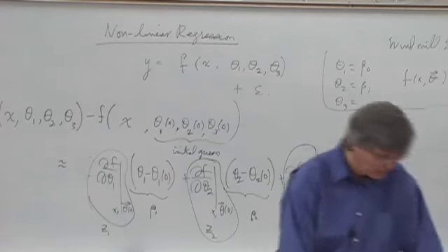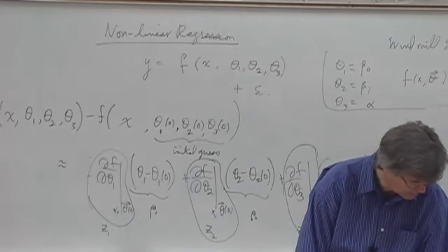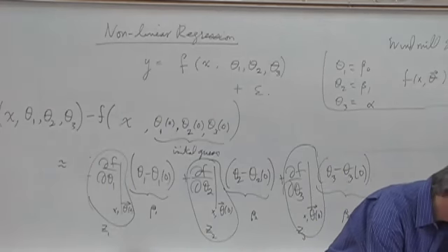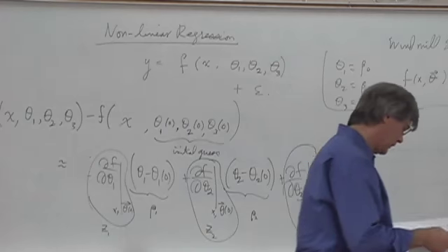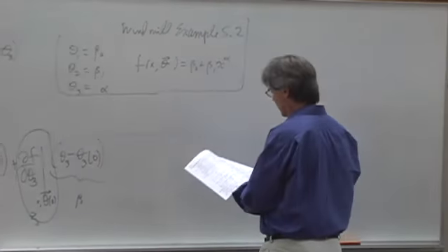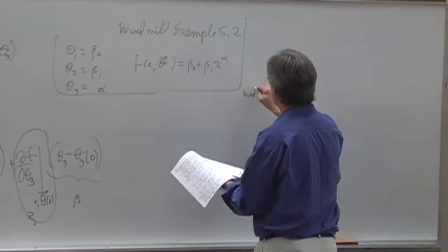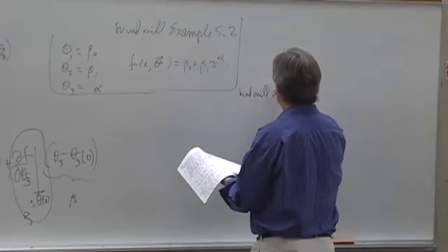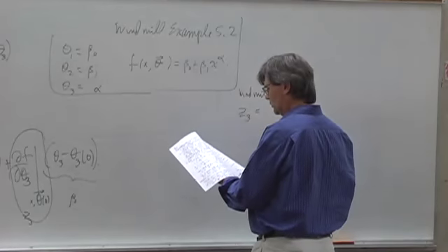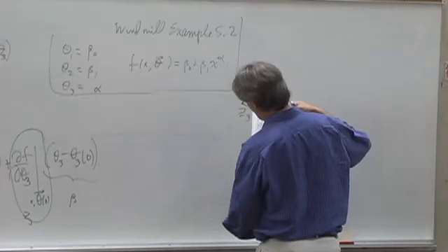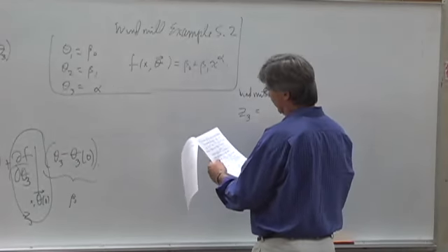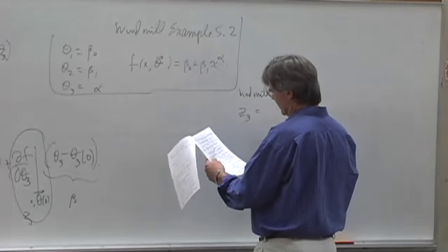I believe in the notes last time, for the windmill data, it came out that we had that Z3 was equal to, I call it Z2, because I had the intercept.